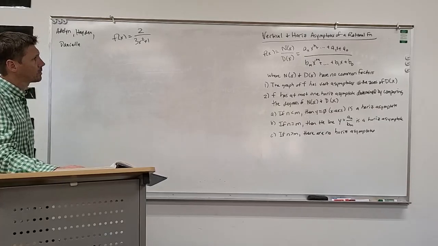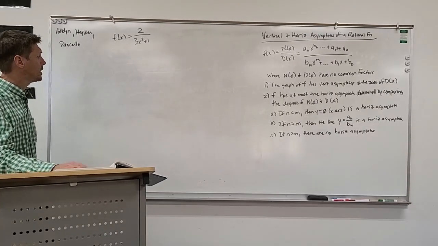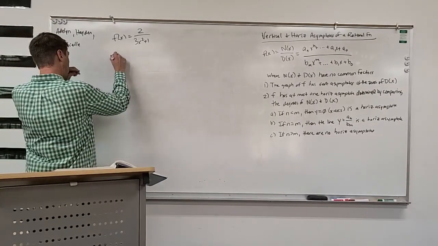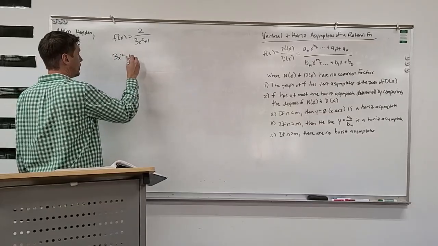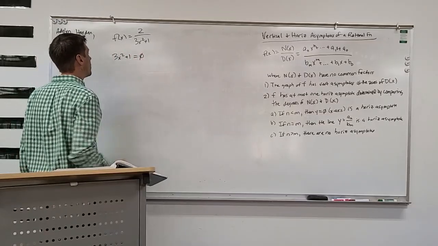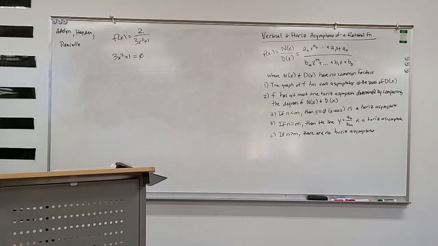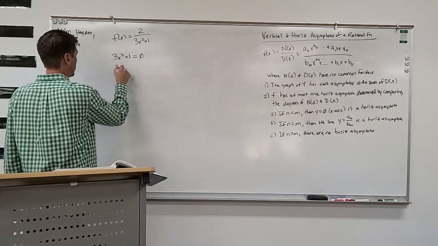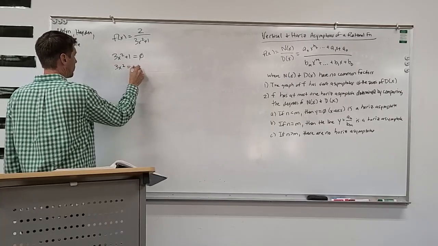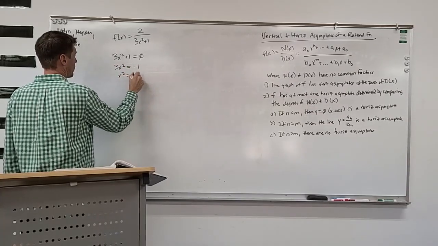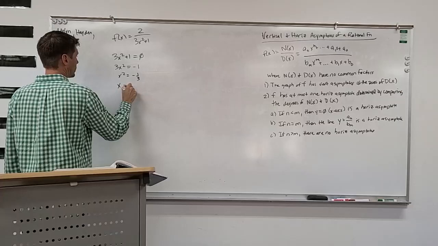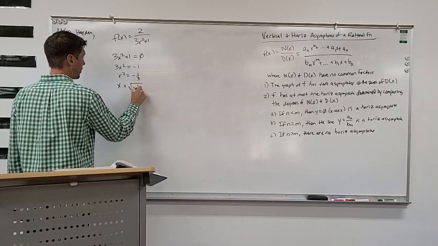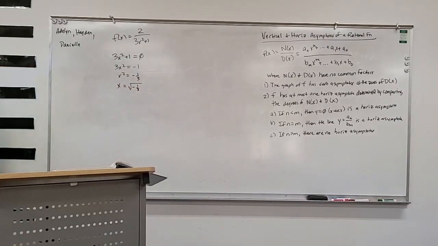For the vertical asymptotes, it's the zeros of d of x. So if we look at d of x, 3x squared plus 1, we set that equal to 0. That's 3x squared equals -1, x squared equals -1/3, so x equals plus or minus the square root of -1/3.